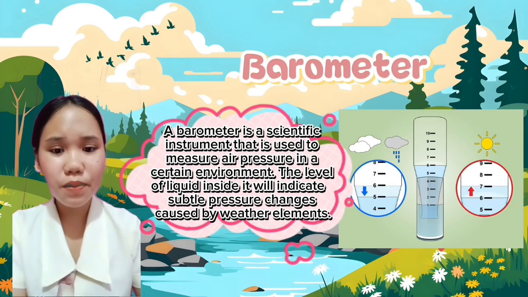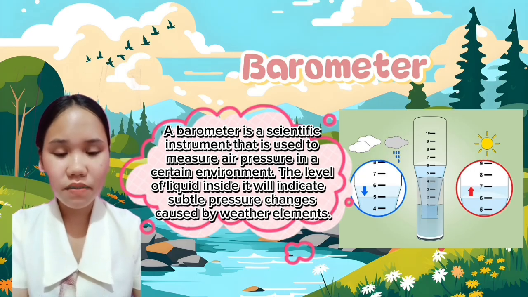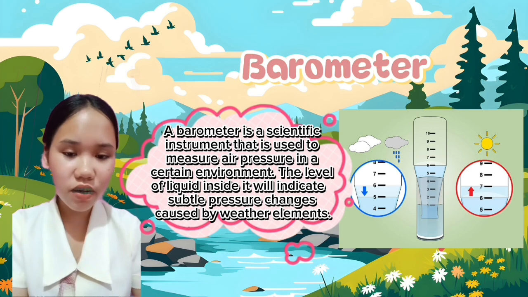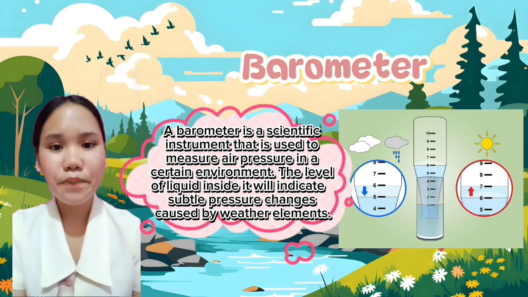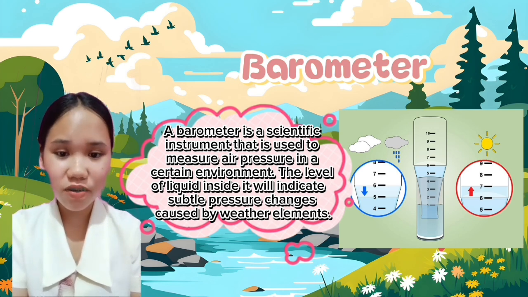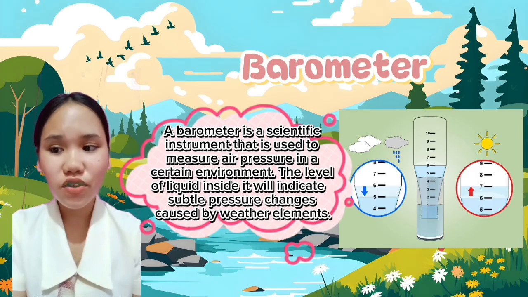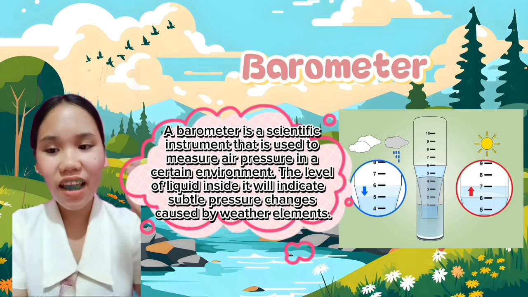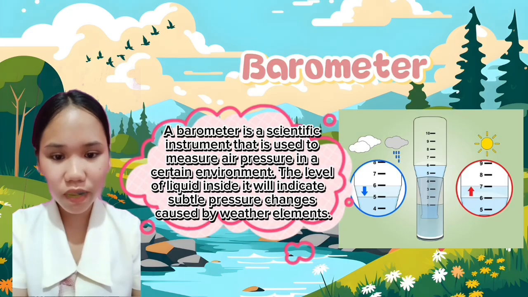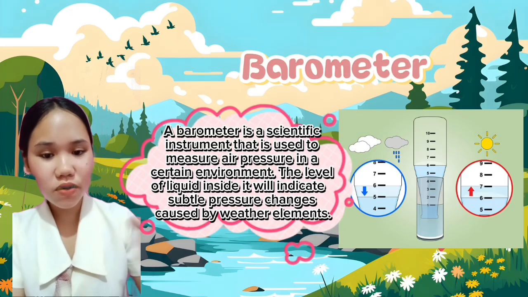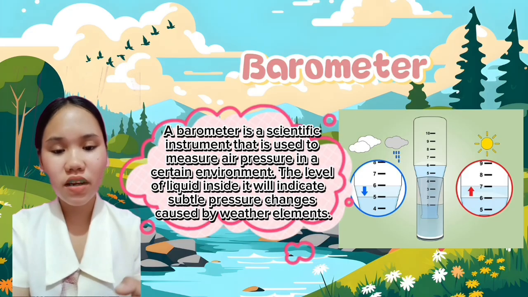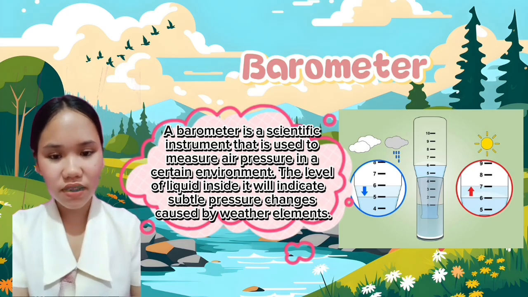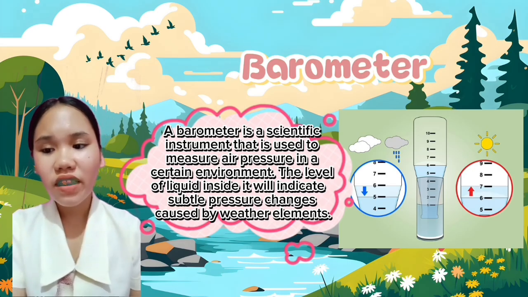Maybe it says today we're going to have a rainy day, or today will be a sunny day. So that is the use of a barometer, to tell us what kind of weather to expect. So we will know that today is going to rain, or tomorrow is going to rain, or it might be sunny. So that is the use of a barometer.